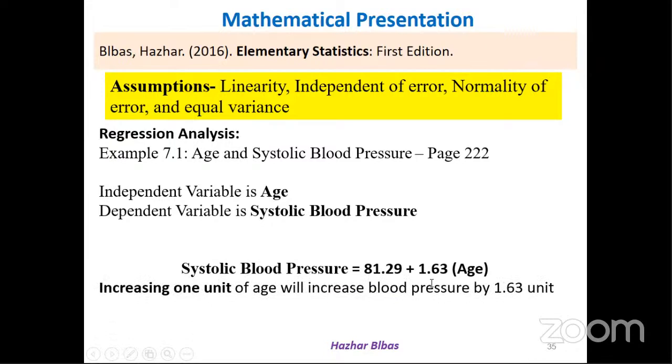Here, increasing 1 unit of age will increase blood pressure by 1.63. If you put 10 in here, it means 10 times 1.63 would be added to the blood pressure.